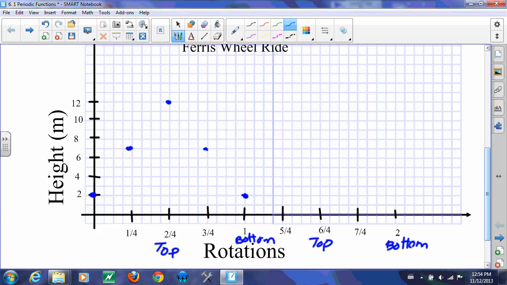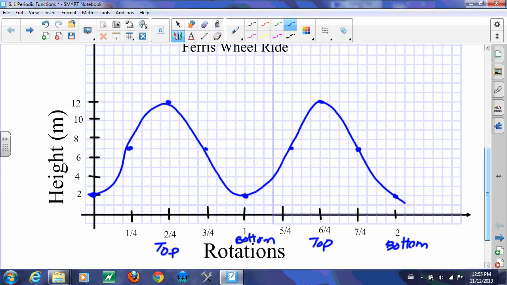Then I head back up again, hit my maximum again, come back down halfway, and then I get off at my minimum. So what you notice is this is a smooth curve as you go down and up and down and up.